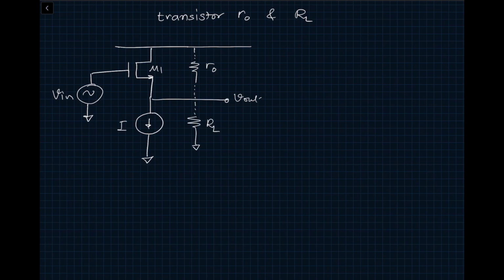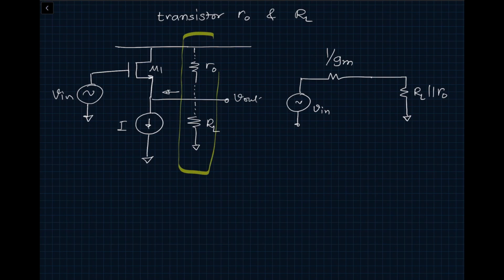Compared to our previous model, we can use our Thevenin equivalent looking back into this circuit, and that will tell us that we have this circuit Vin, 1 over GM of the transistor. Along with it, the load is equivalently going to look like RL in parallel with R out, which are these two going to show up over here.